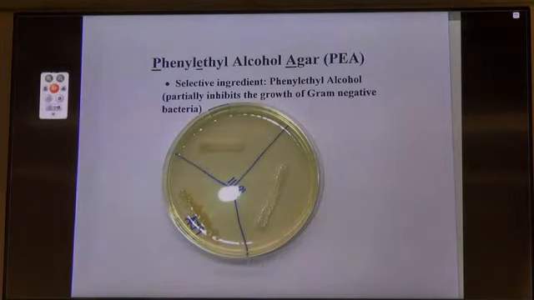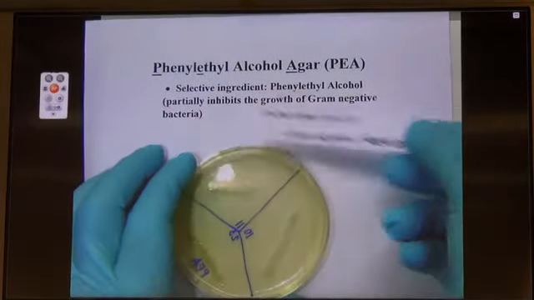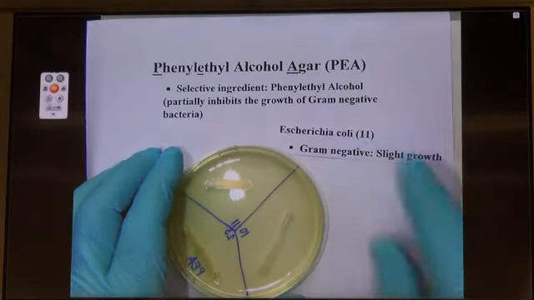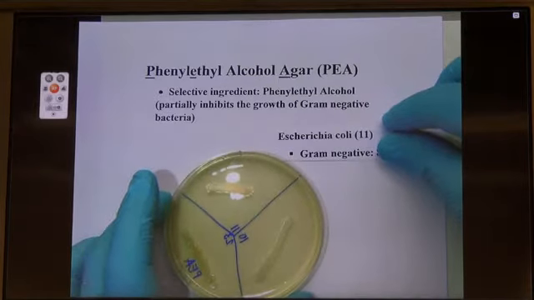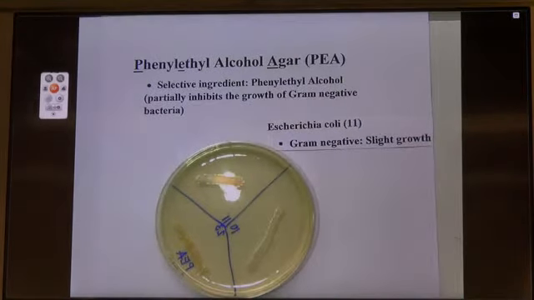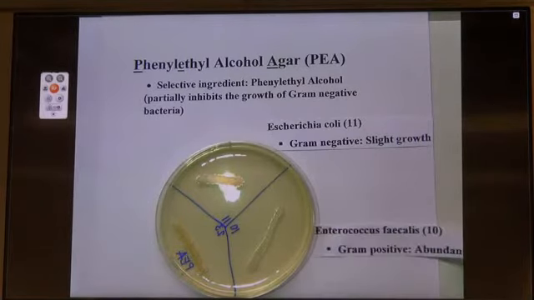E. coli, little growth, slight growth, scant. Enterococcus faecalis, number 10.